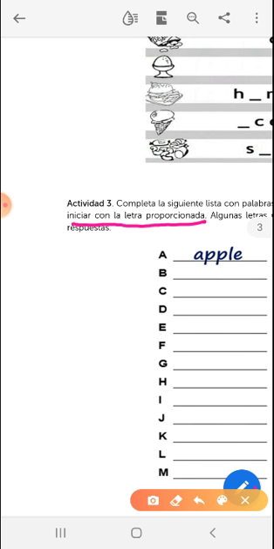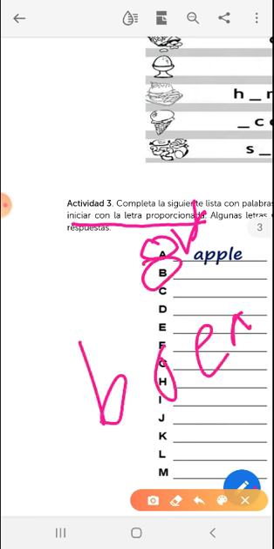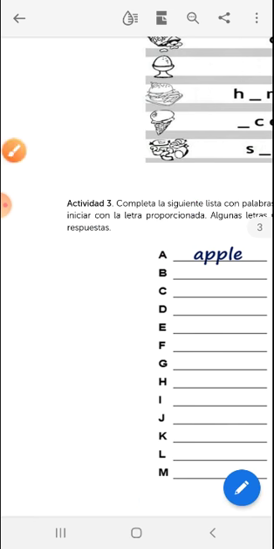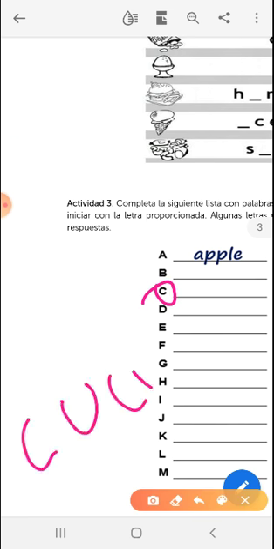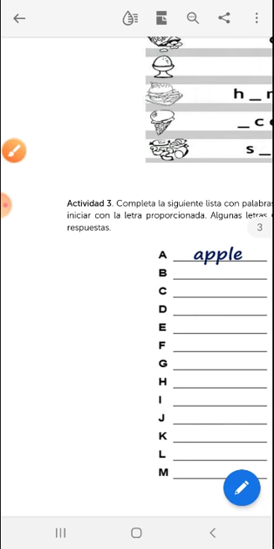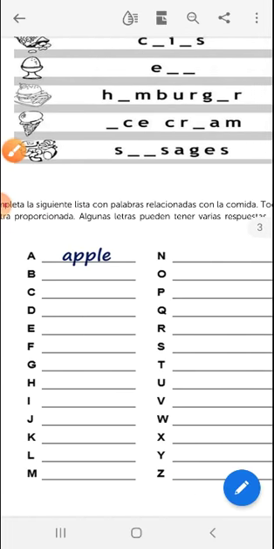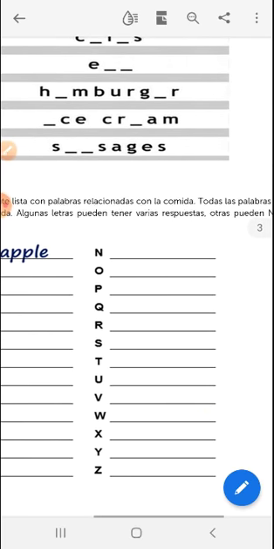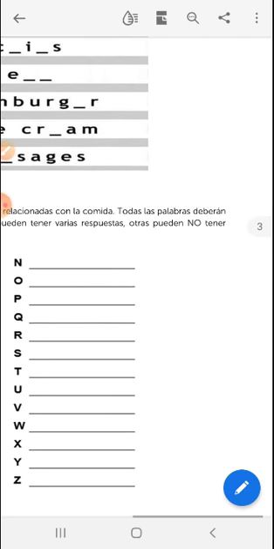Here you got some example. Letter A, apple. Letter B puede ser bread. Ok, bread. Letter C, a ver, puede ser cucumber. Cucumber. Todas las palabras tienen que empezar con la letra proporcionada. Algunas letras pueden tener varias respuestas.